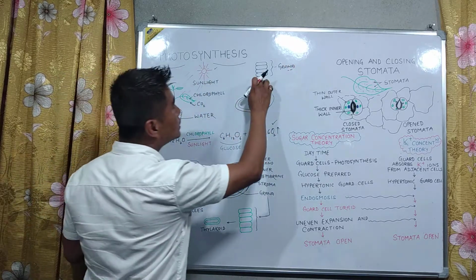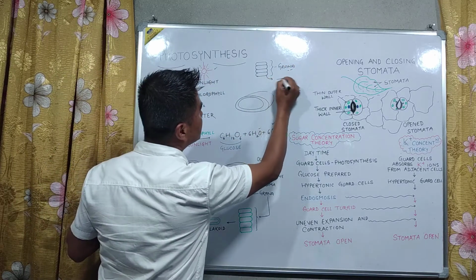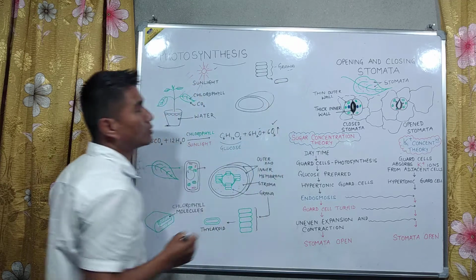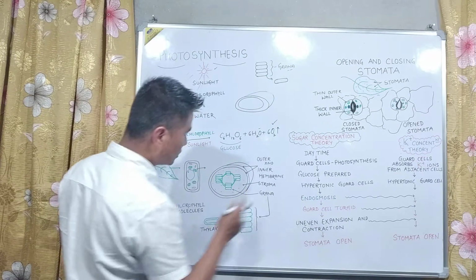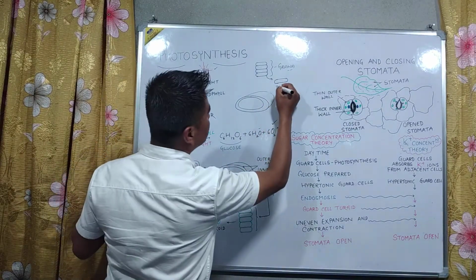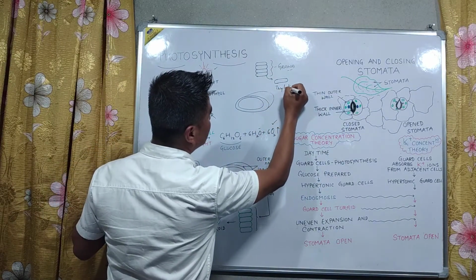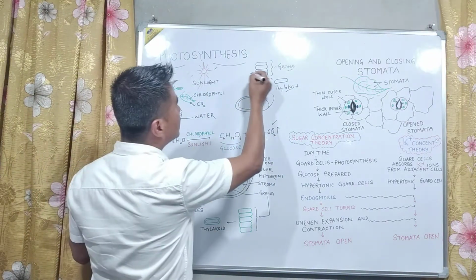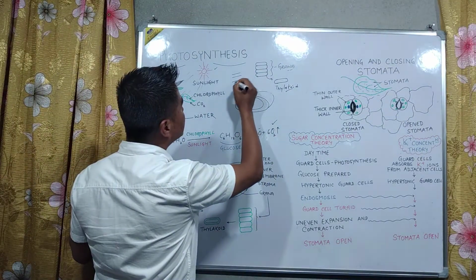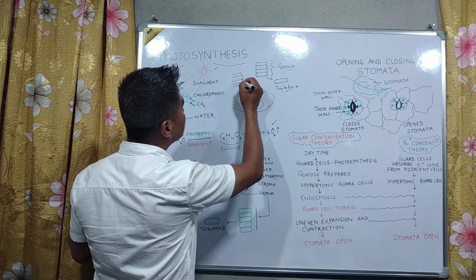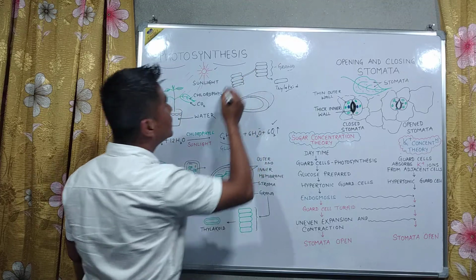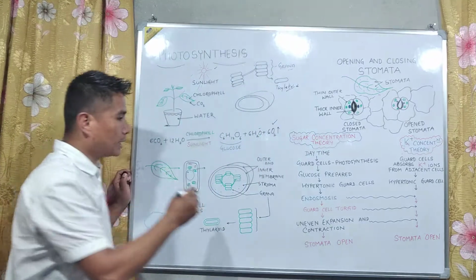Each one is known as thylakoid. This is thylakoid. Now there are many grana, and they are interlinked with each other by what?